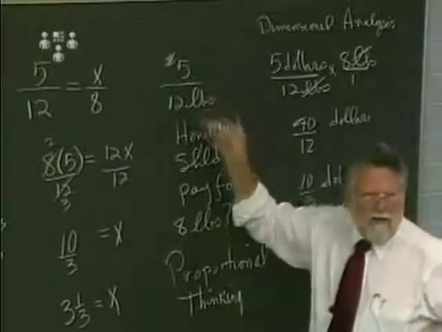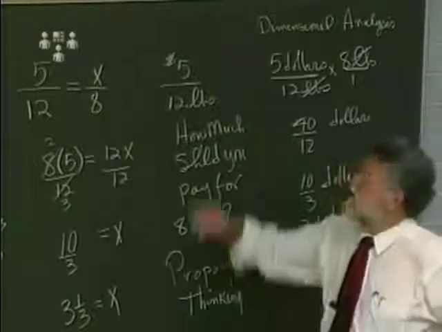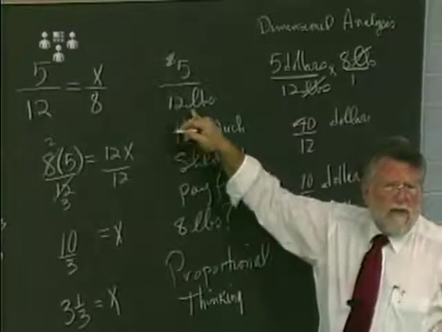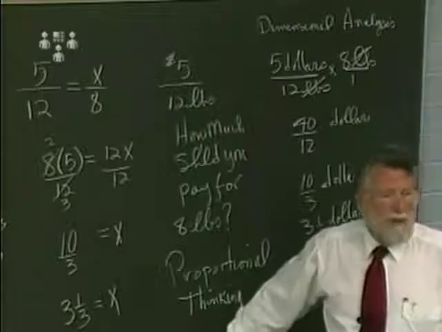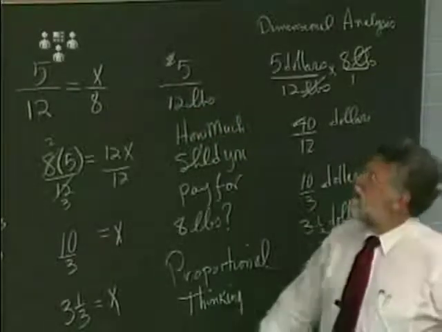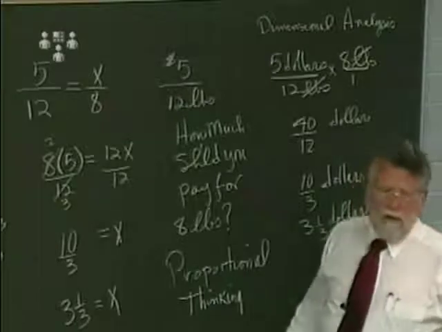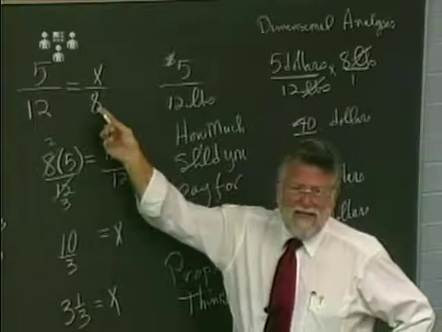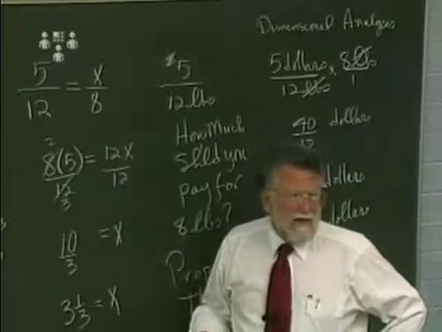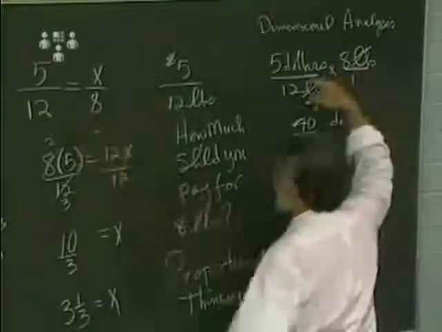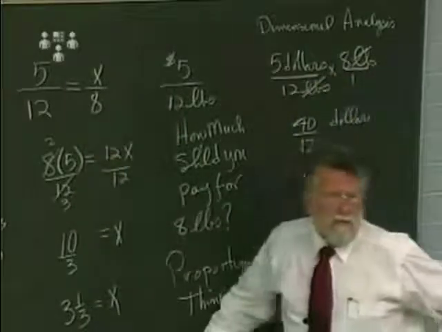Twice as many pounds, twice as much money. Proportional thought. Now our problem is if we get weird on this and say I don't want 24 pounds, I only want 8 pounds, then it's not so easy. And that's when we resort to one of two things. Proportions or dimensional analysis.